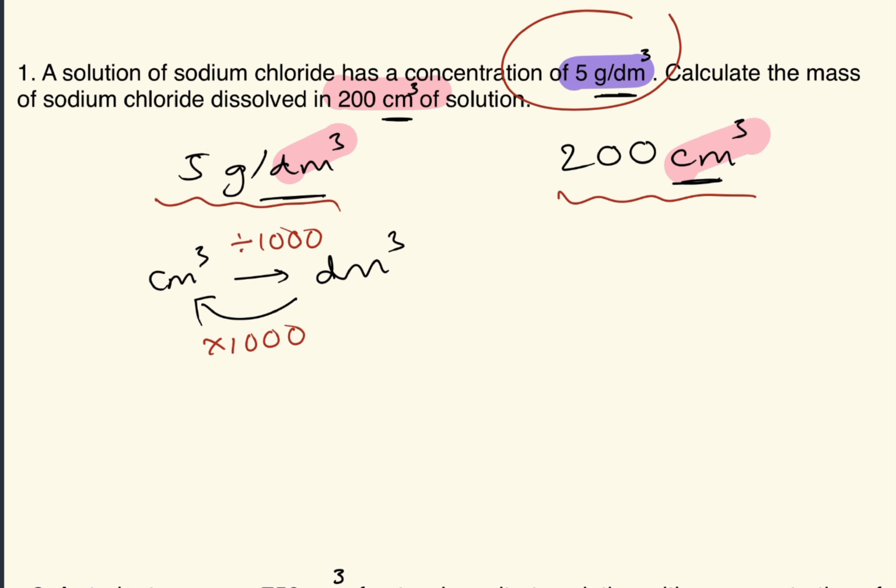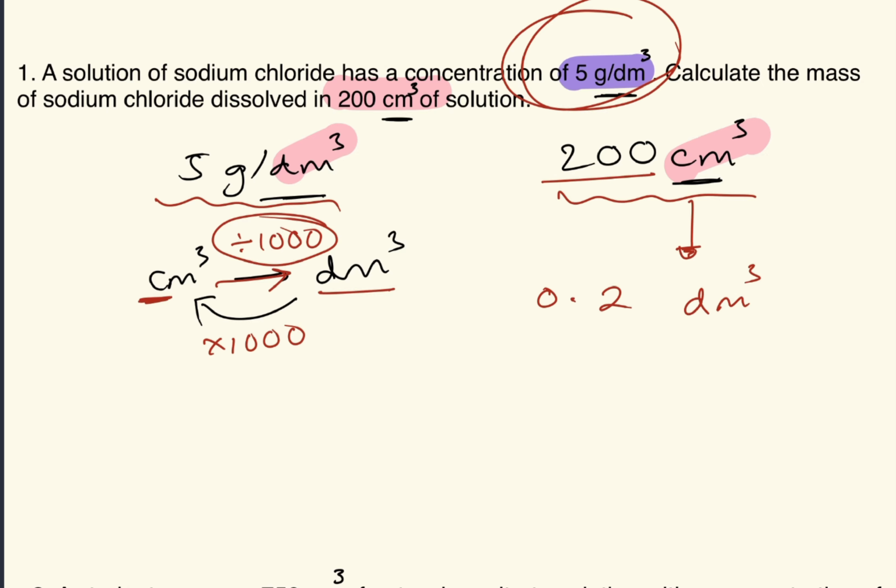We want to operate using our decimeter cubed, so we're going to convert this centimeter cubed into decimeter cubed. To go from centimeter to decimeter, we divide by 1,000. So when we divide 200 by 1,000, we're left with 0.2 decimeter cubed.